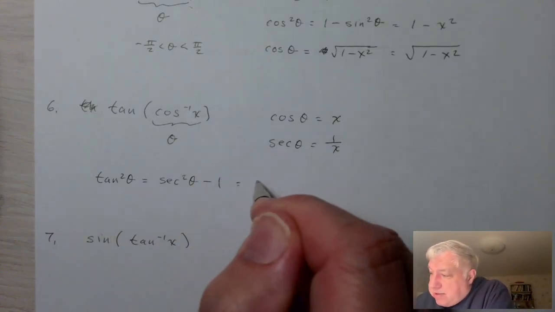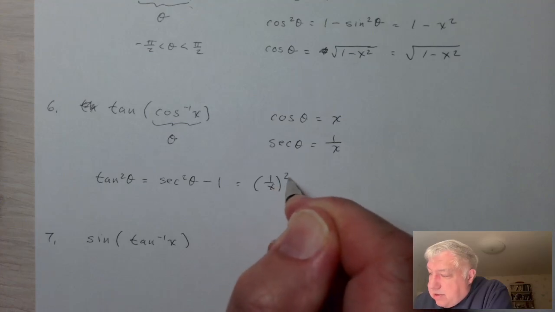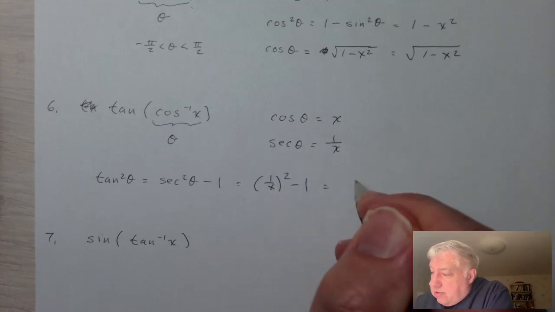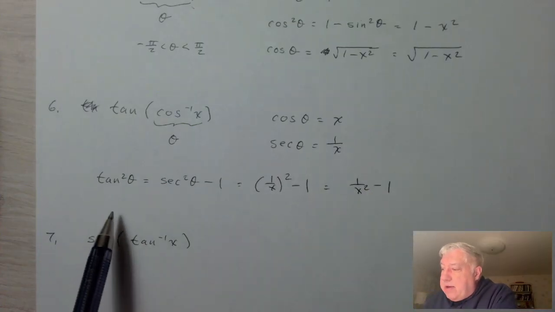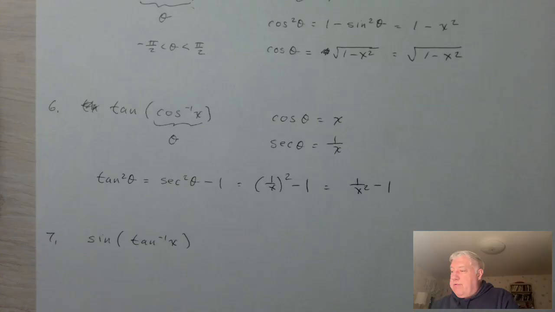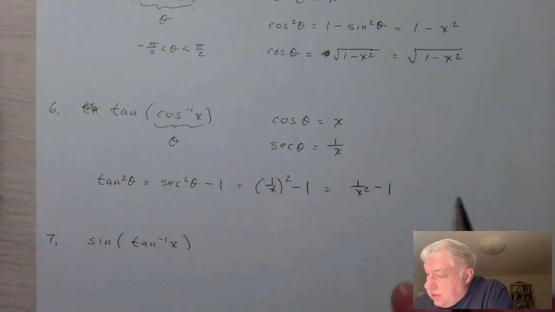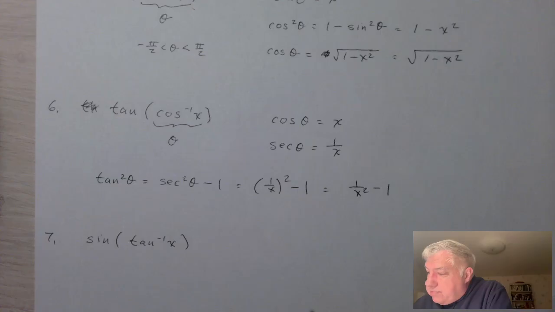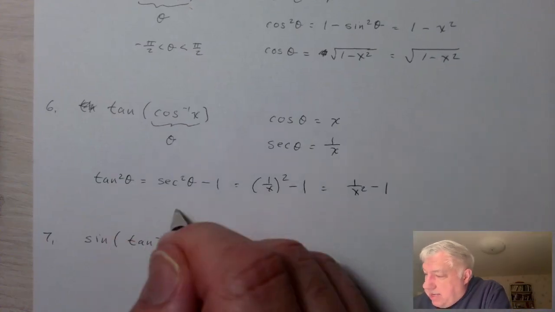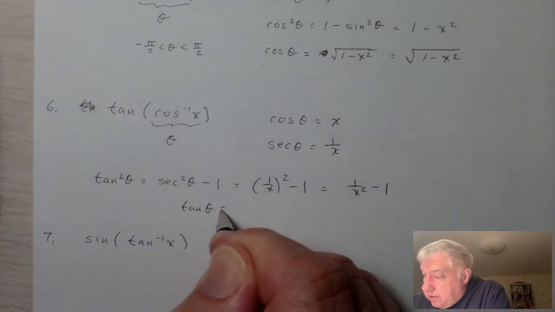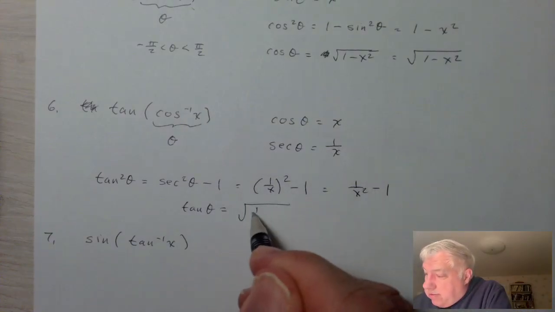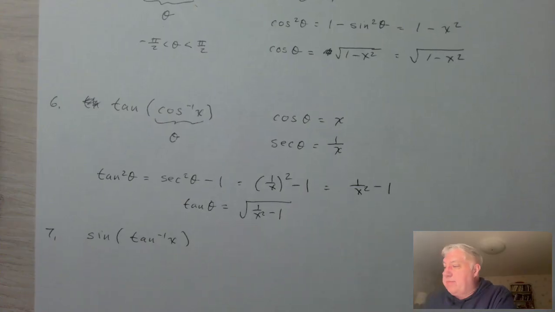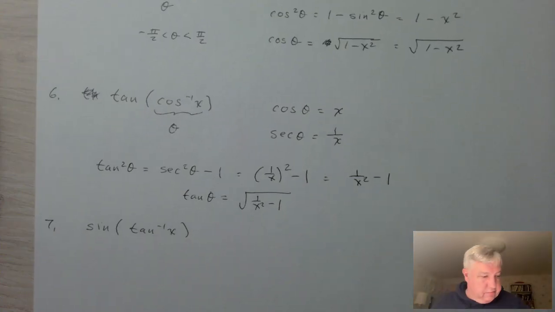And so this is going to be 1 over x squared minus 1. And then we can take the square root of both sides. So the tangent of theta will be the square root of 1 over x squared minus 1. Okay.